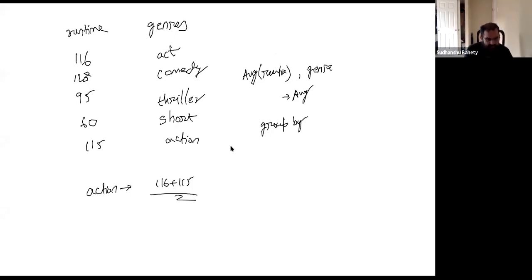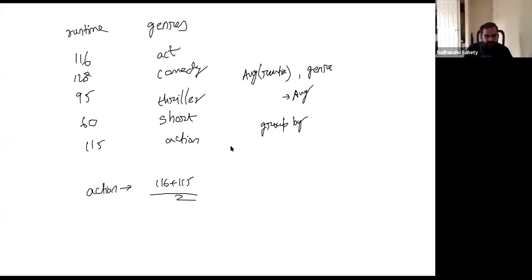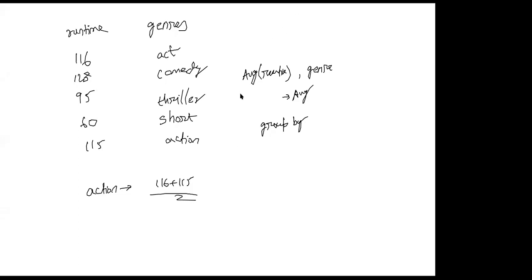There is one output for action, one output for comedy, one output for thriller, one output for short, since I have 4 genres. So this is not doing it. It's taking the average for everything and giving you one output. But I need 4 different outputs for 4 different genres. Does that make sense? Okay, sir.